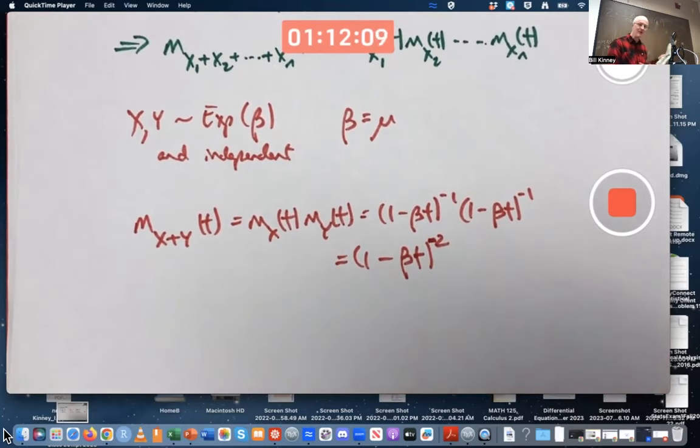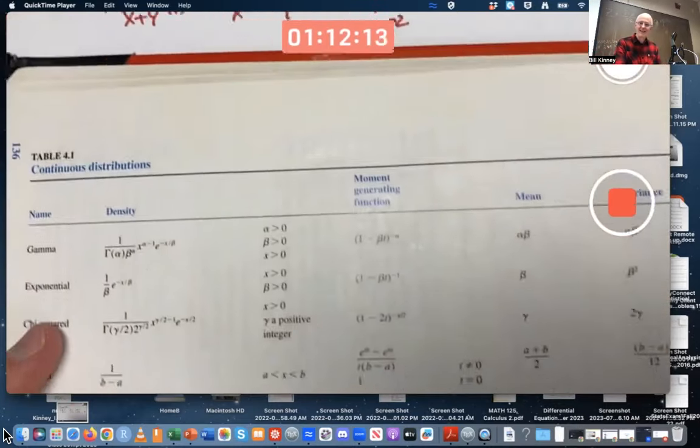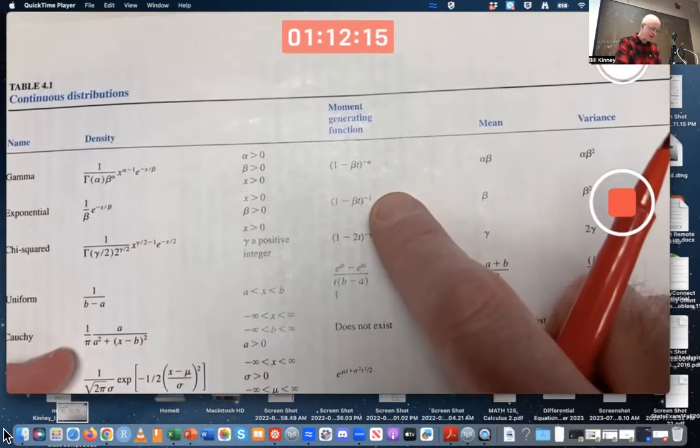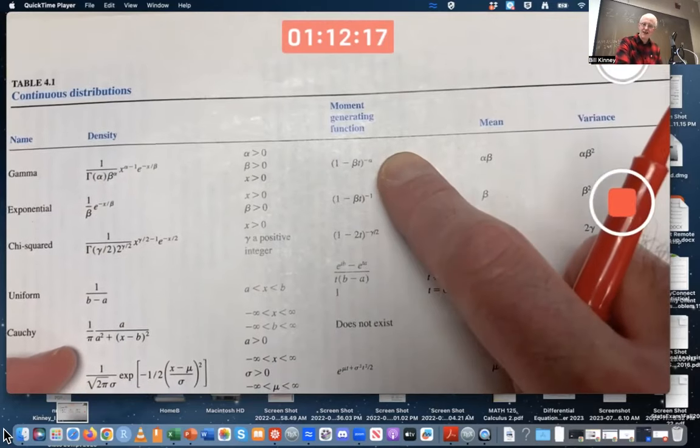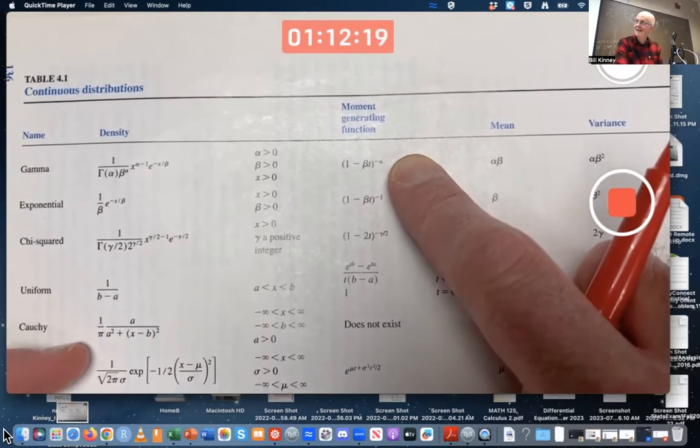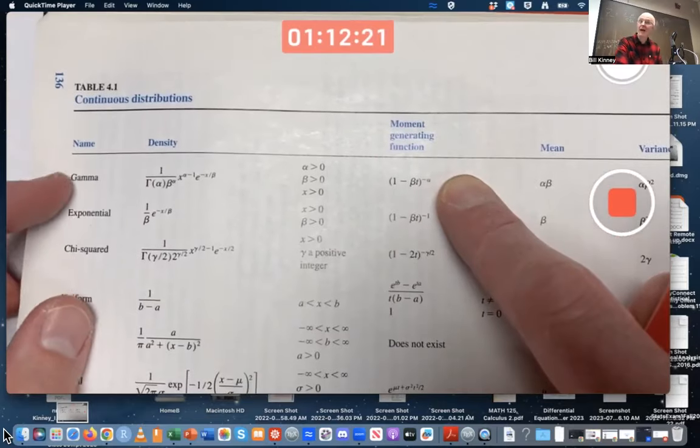Okay, so how's that helpful? Fingerprint theorem. Oh, that doesn't have a negative 2. Hey, but that does if alpha is 2. What's that? Gamma.